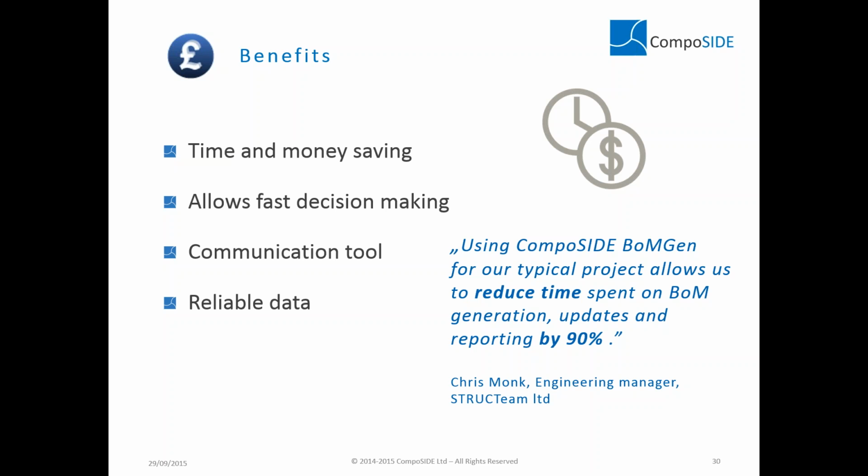And we have our customers really appreciating that. As you can see, they were managing to reduce their time by 90% in those particular cases, reallocating the resources where those resources are more needed and valuable to the business.